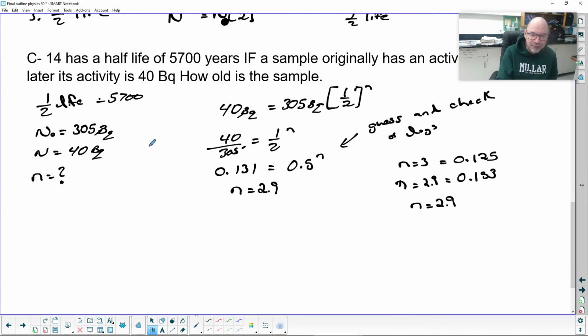So now you would have to figure out the time. So now you know that n equals time over half-life. So if you rearrange that, because you know n, the time is just equal to n times the half-life.